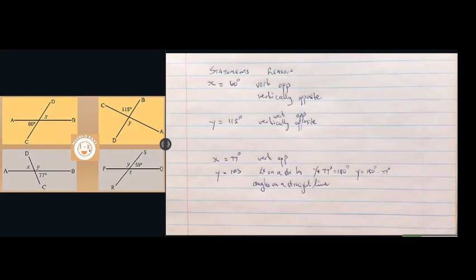Then these ones, you'll find that they say state. Right. But I would say that normally your 2 marks, 3 marks would come from the whole thing. Okay. So if the whole thing is 2 marks, then all you need to say is x is 77, vertically opposite, y is 103, angles on a straight line.